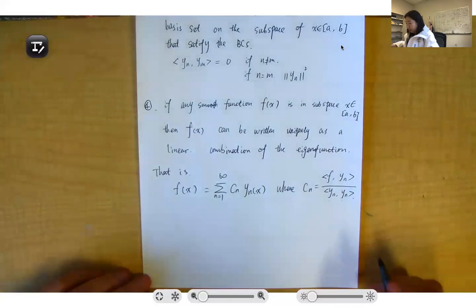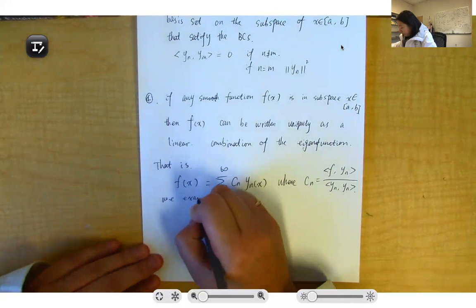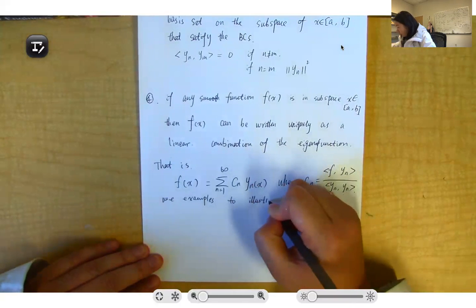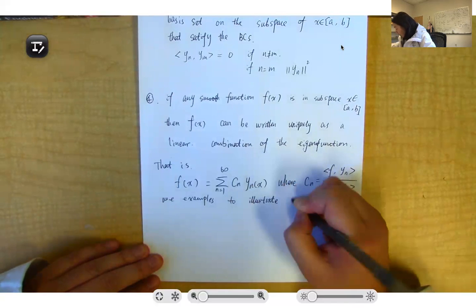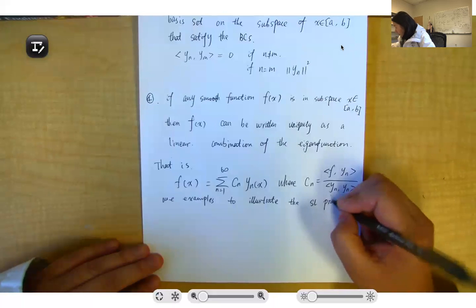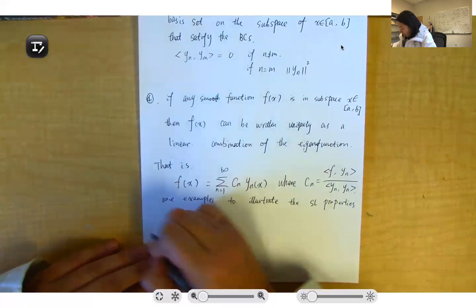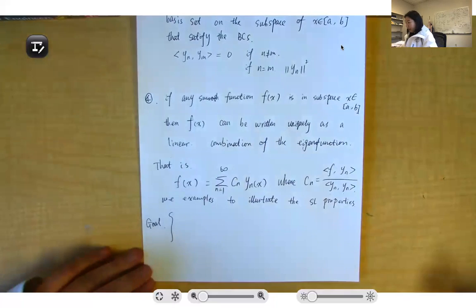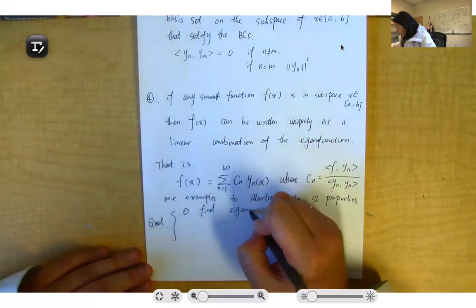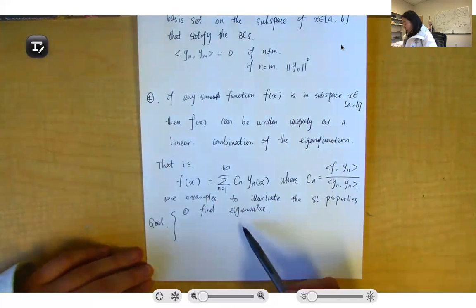Okay, so for the next part, we will use examples to elucidate the SL problem or SL properties. The goal here is first we want to find eigenvalues. So as an SL problem, first you need to find the eigenvalues.